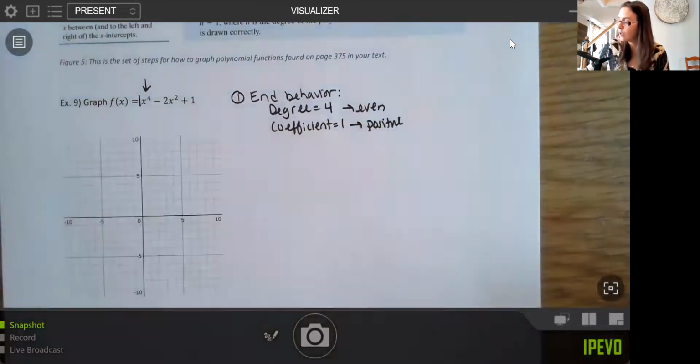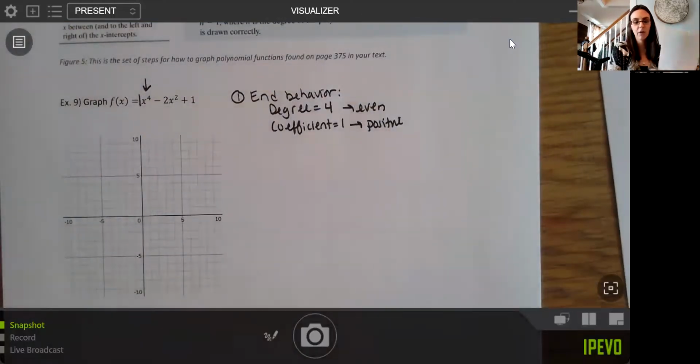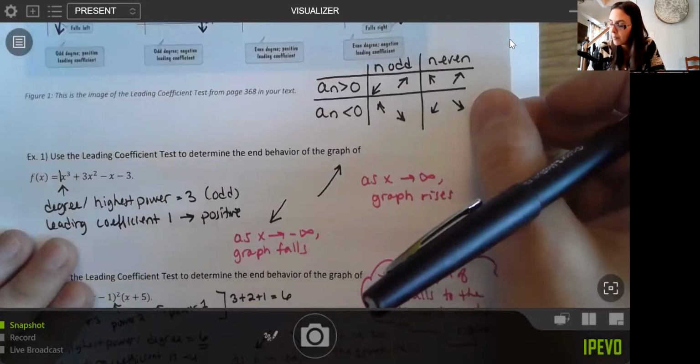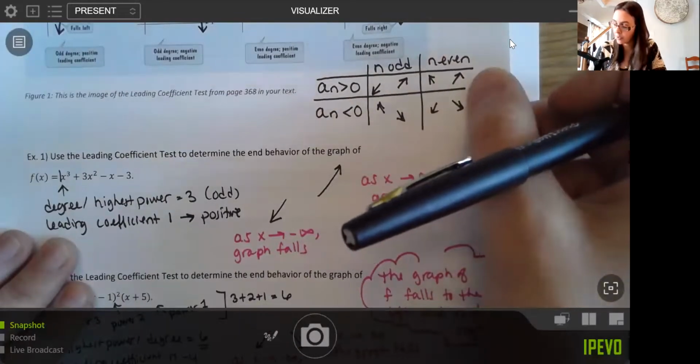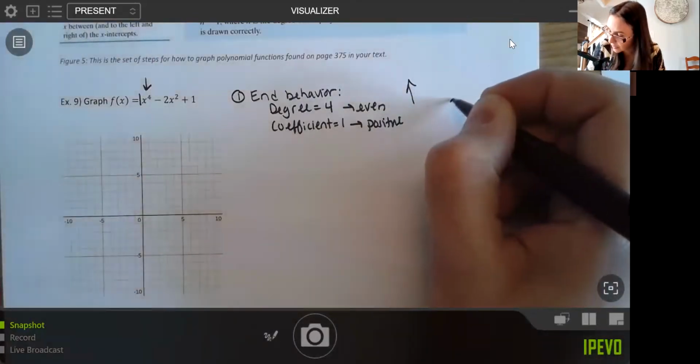So if you need to, you can go back to an earlier sheet. It's the second page of our notes, and refer back to how you would do that end behavior. Because n is even, it's going to go the same direction, and because it's positive, both sides are going to go up. So I do know that at the ends of my graph, it's going to look something like this.